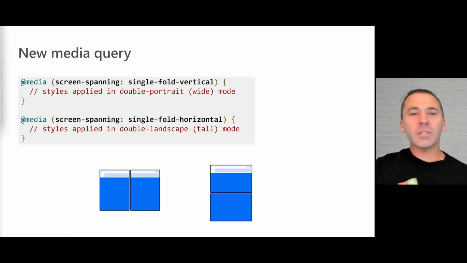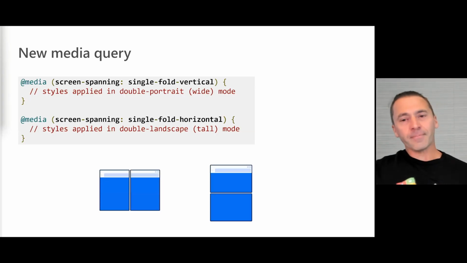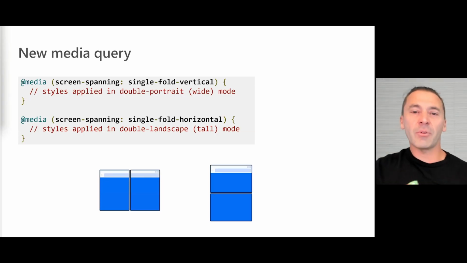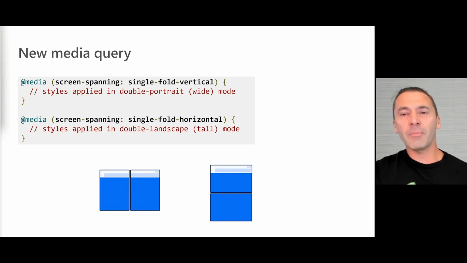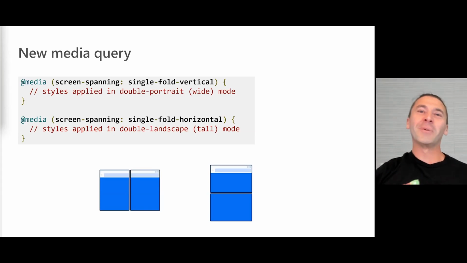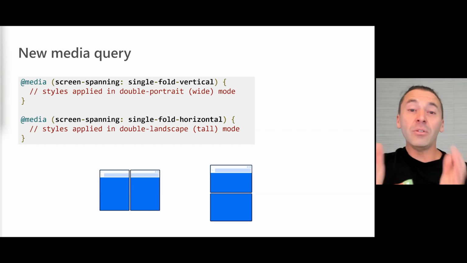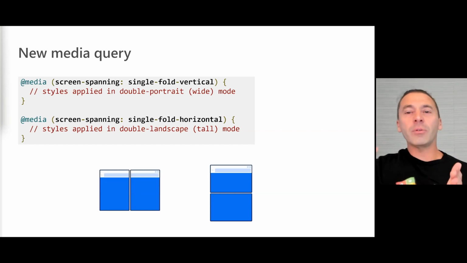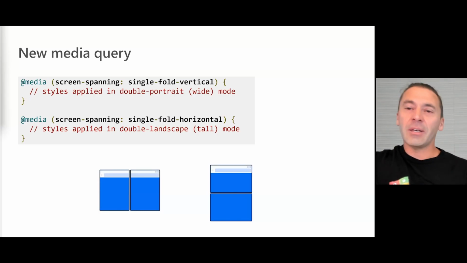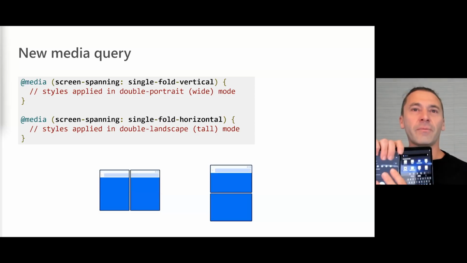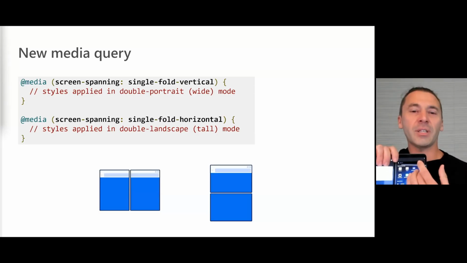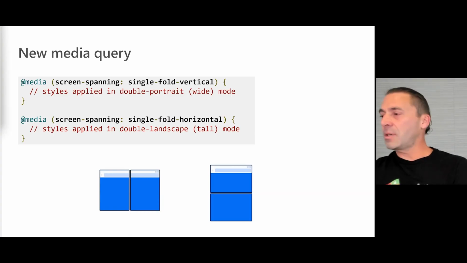So what do these new standards look like? I'm going to quickly show some of the original proposal because, spoiler alert, we changed the proposal halfway through. But it's kind of cool to see where it came from. We created this new media query that would only apply on foldable devices when there is a fold, right? So when your website is on this phone, on both screens, you can make these styles apply.